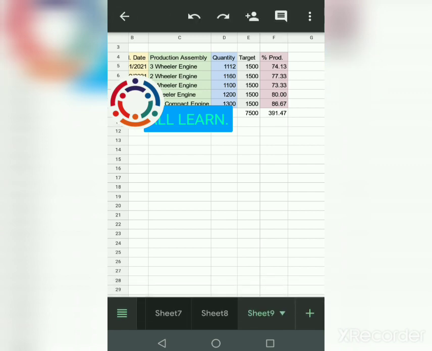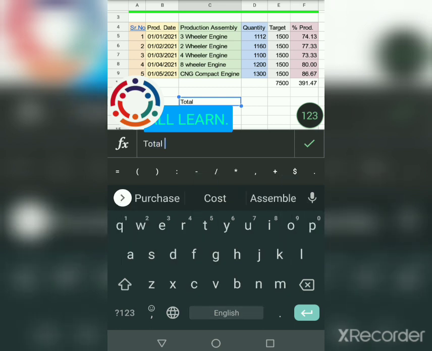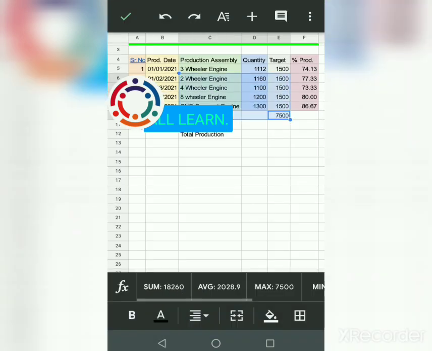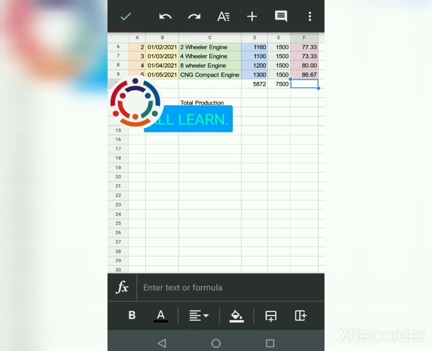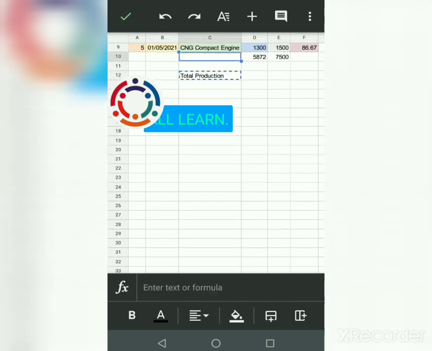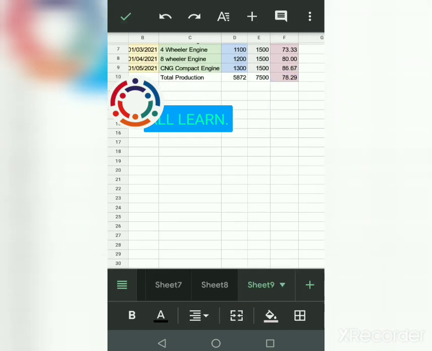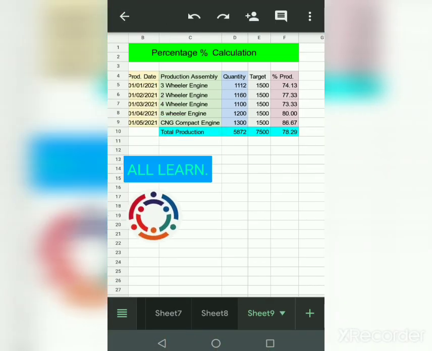Here we can write total production, total production percentage. Autofill. Okay, almost 78 percentage production will be produced.